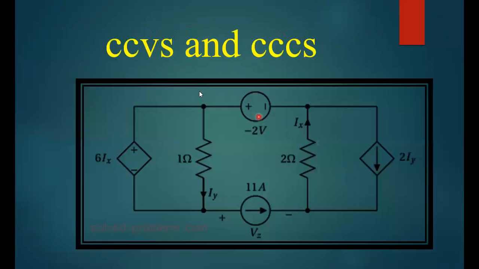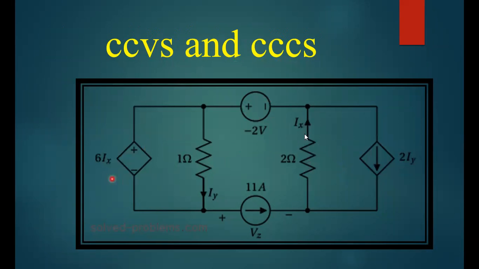Next, the current controlled voltage source and the current controlled current source. This is a voltage source that depends on current, which is why it is called a current controlled voltage source. Then there is the current controlled current source, which also depends on current.